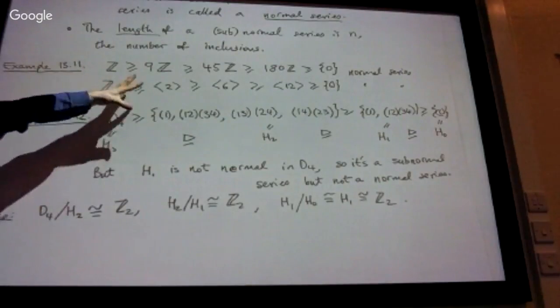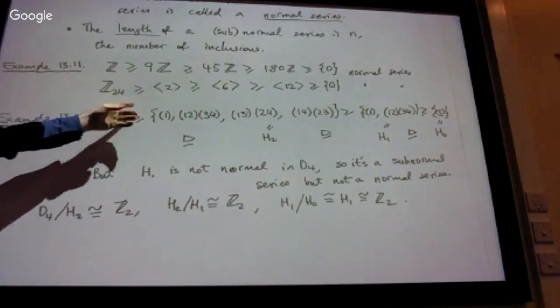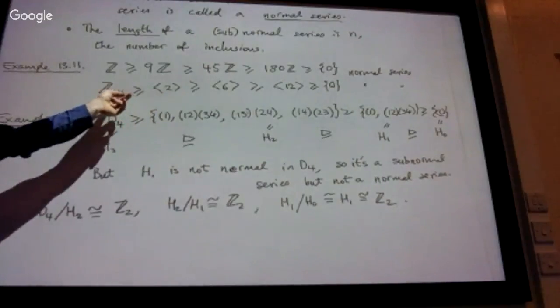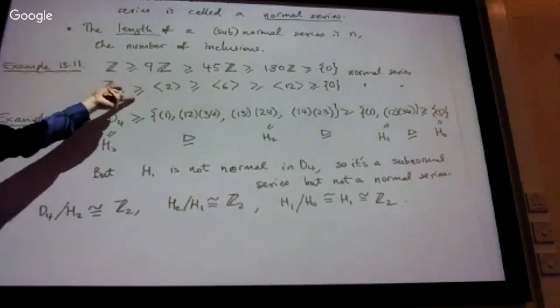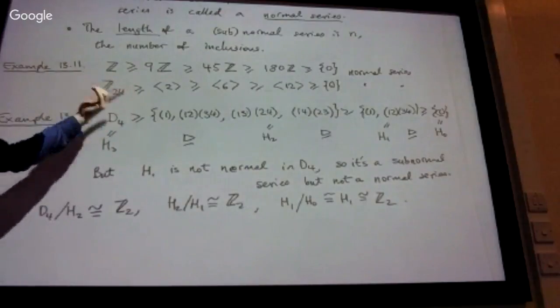You can add to it, whereas here you cannot add to it. There is nothing between multiples of 2 and all the numbers from 0 to 23, because if you put an odd number there, then for it to be a subgroup, you already have to have everything.